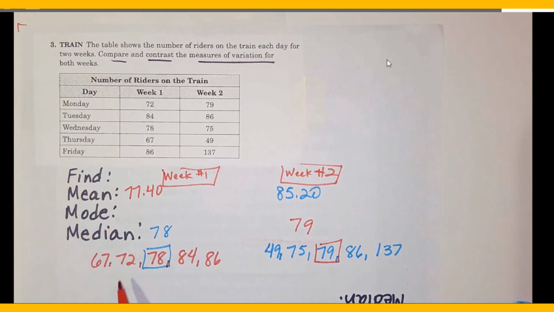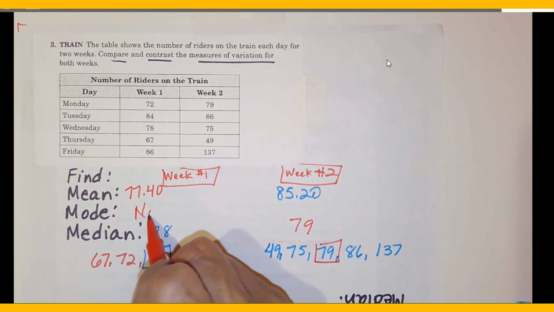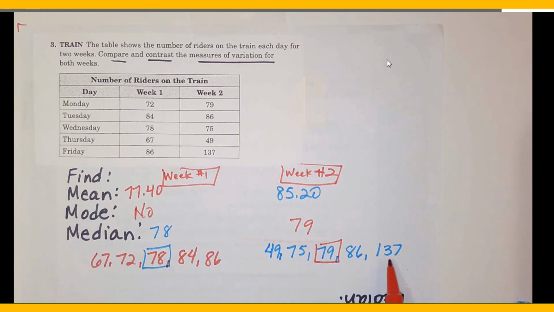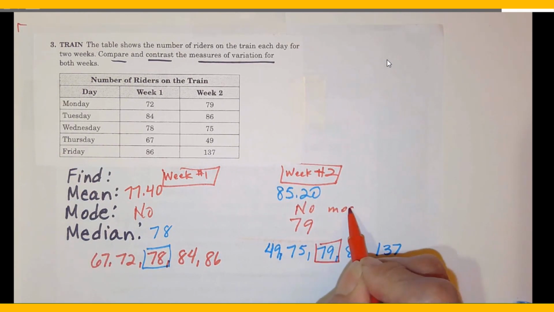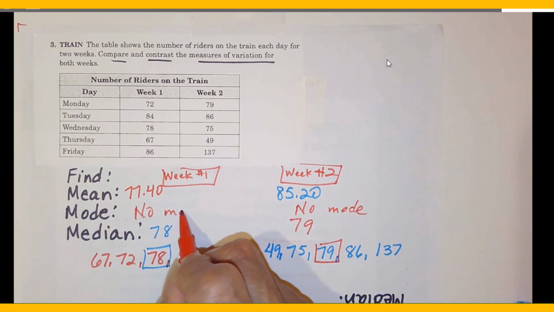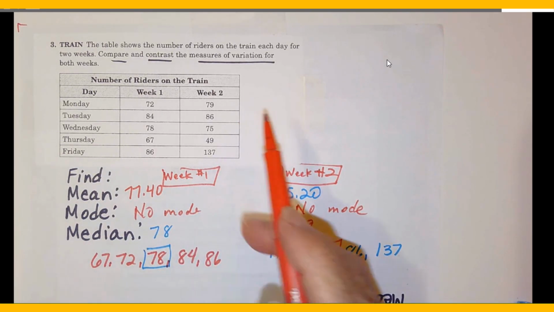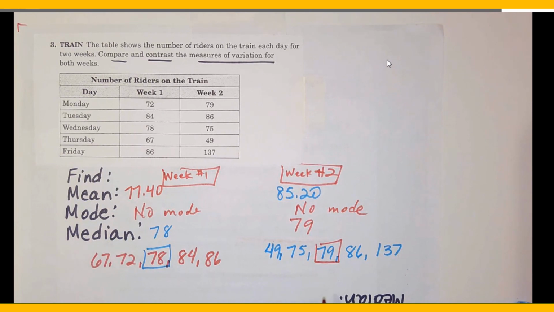Now let's look at our mode. There's no mode here, and they're all different numbers. There's no mode here. Excellent. So now let's look at the measures of variation. It looks like the average, which is a mean, in week 1 was less than week 2.